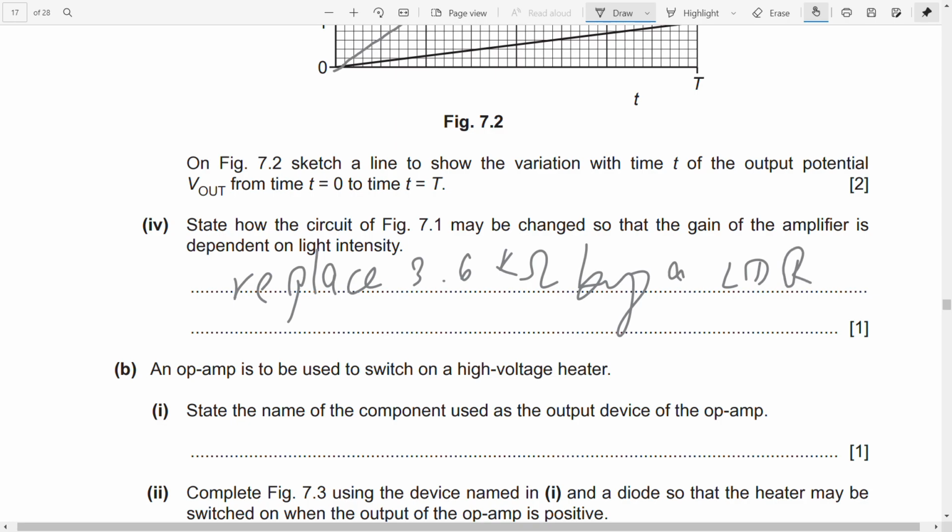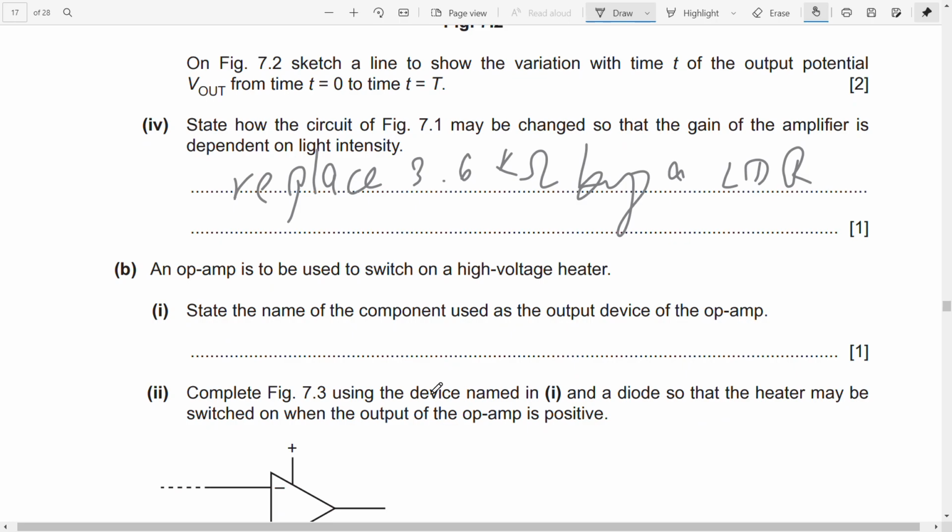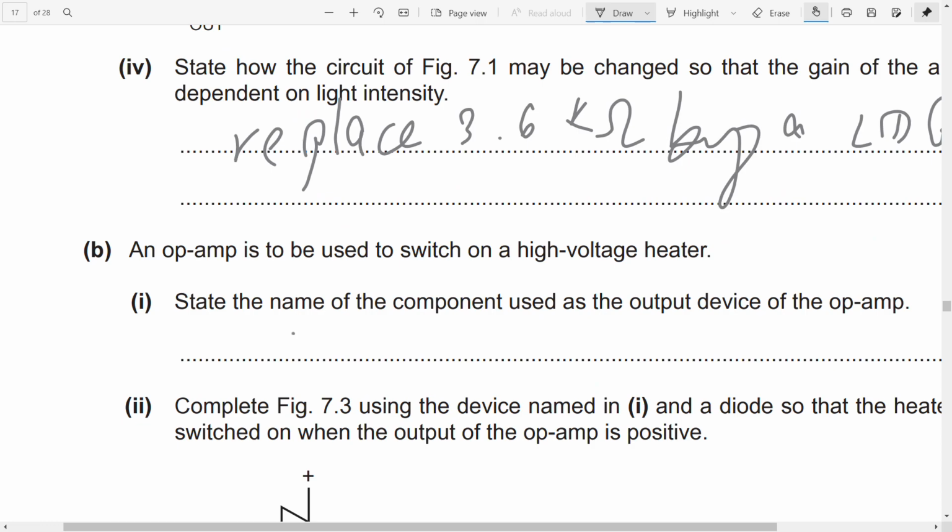Okay, and the next one: an op-amp is to be used to switch a high voltage heater. State the name of the component used as output device of the op-amp. The answer will be relay.